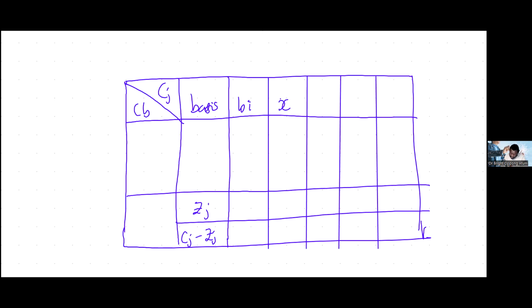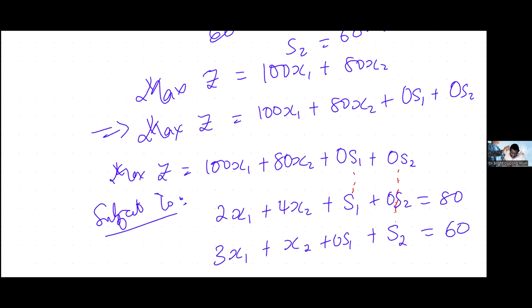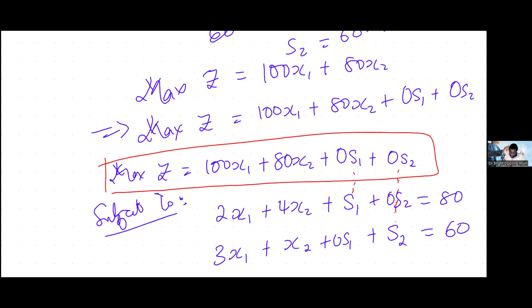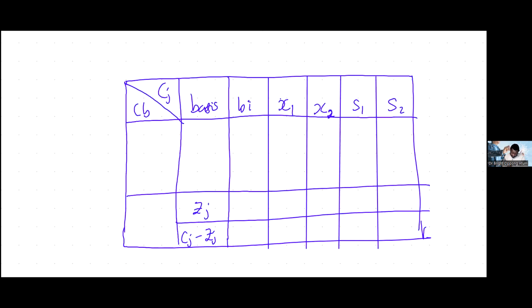The decision variables are x1, x2, s1, and s2. Remember, this is coming from our new objective function. So this is column 1, column 2, column 3, and column 4. And the bi are these resources, but we'll come to that later.